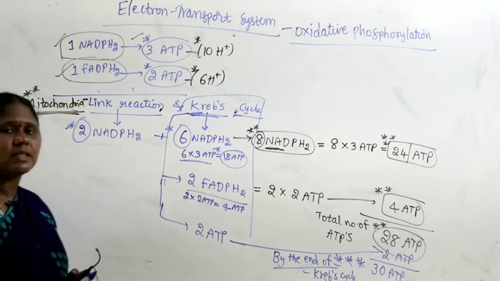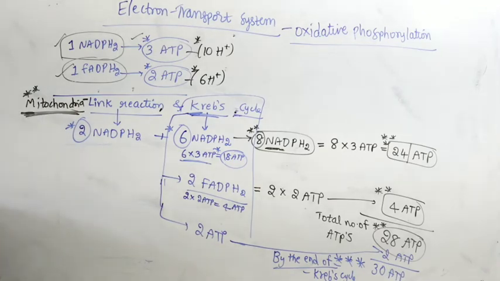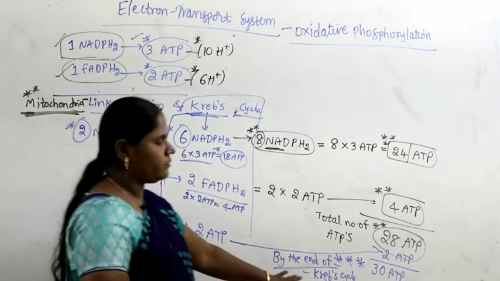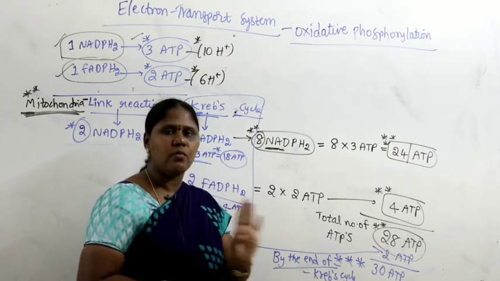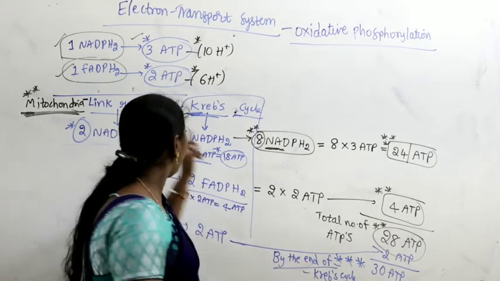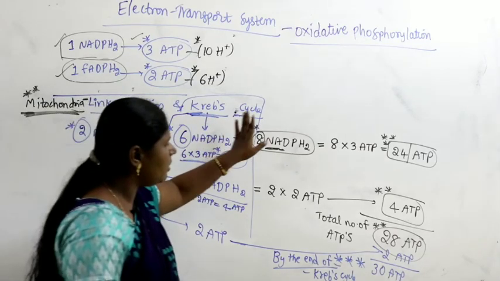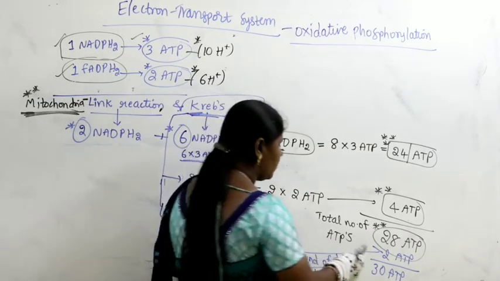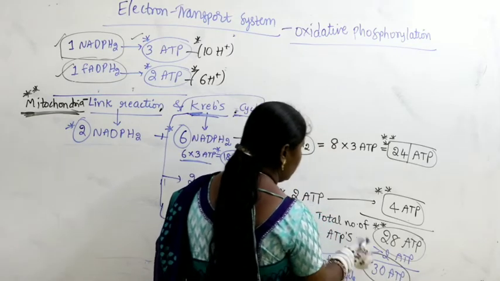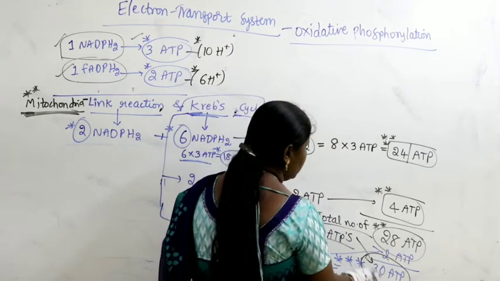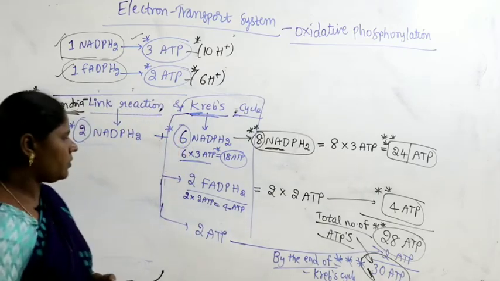Glycolysis happens in the cytoplasm. So this calculation excludes glycolysis. That means the combination of link reaction and Krebs cycle produces a total of 30 ATP.